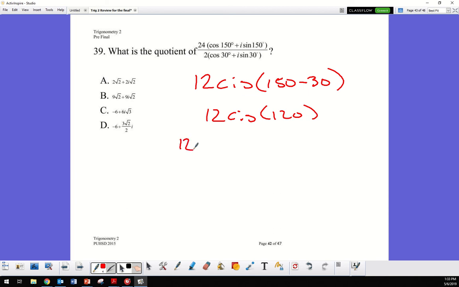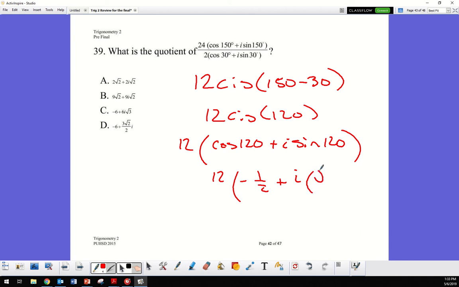So 12 cosine of 120 plus i sine of 120. Cosine of 120 is negative 1/2 and sine of 120 is root 3 over 2. So I get negative 6 plus 6i root 3.